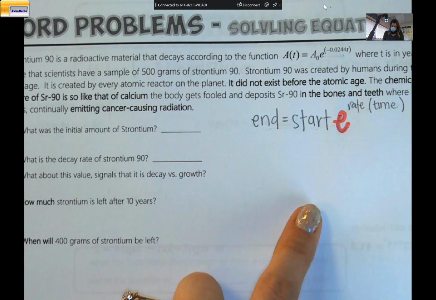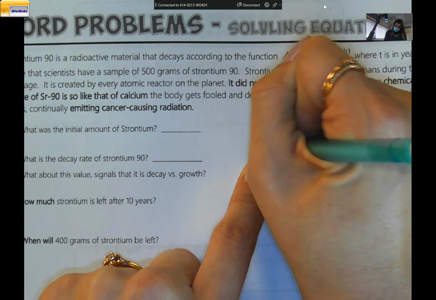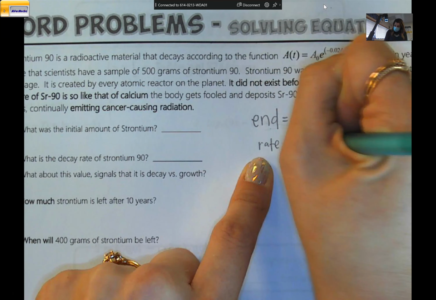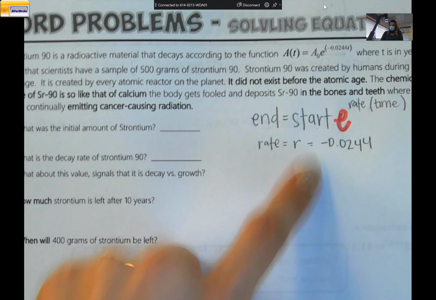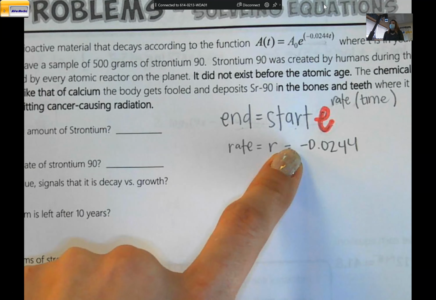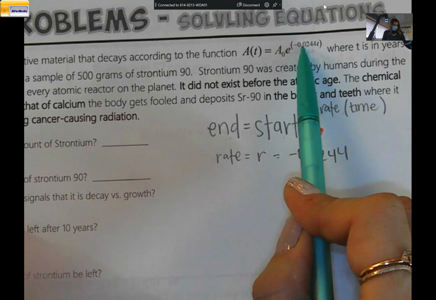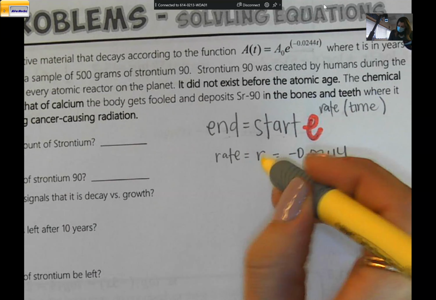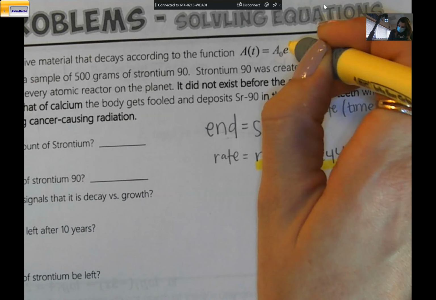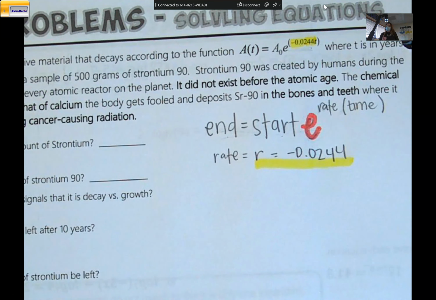What they gave us is the rate, R, which is this number in that equation. It's this guy right here. I'll highlight that for you.